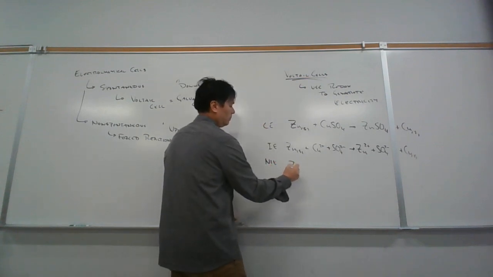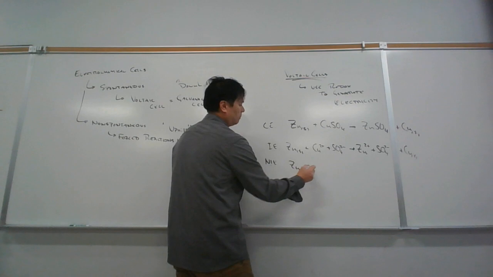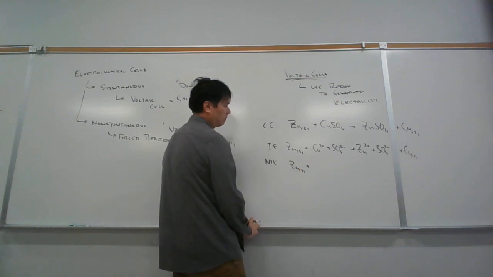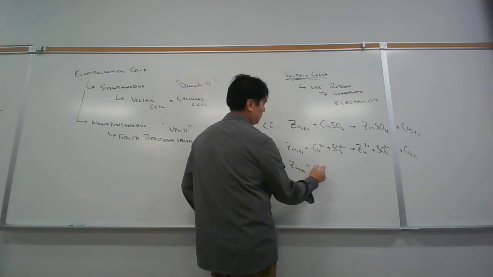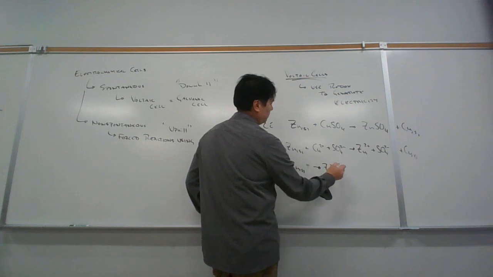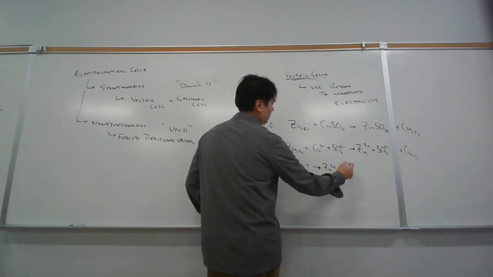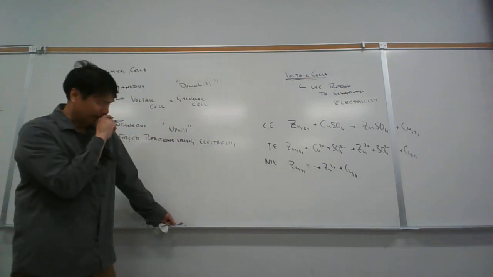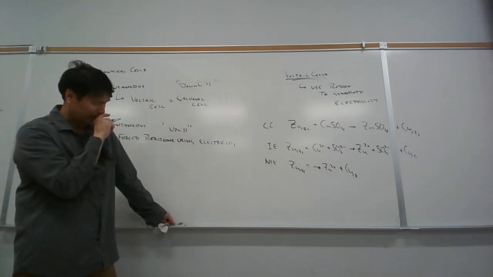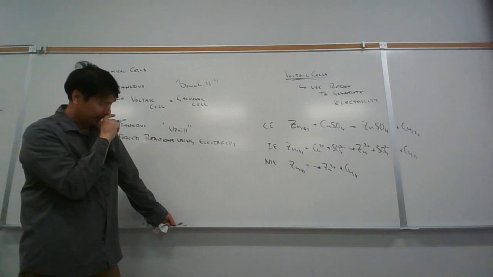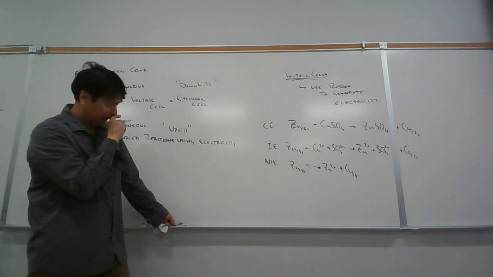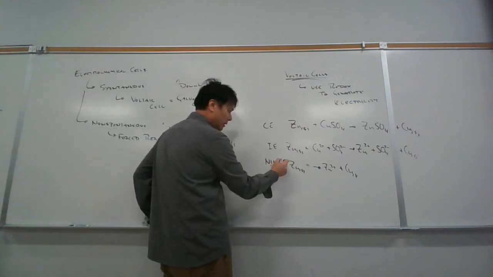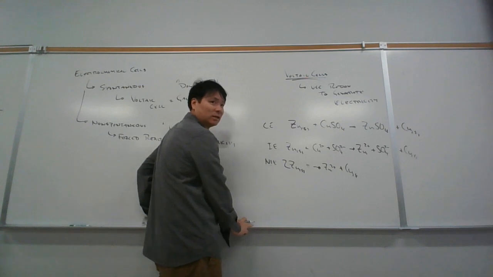The zinc solid yields zinc 2 plus and copper solid. Is that balanced? No, you need to add a 2 to the zinc solid.